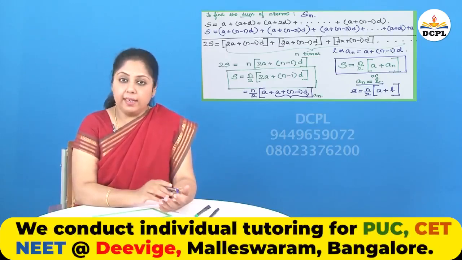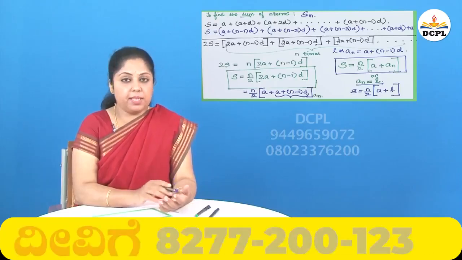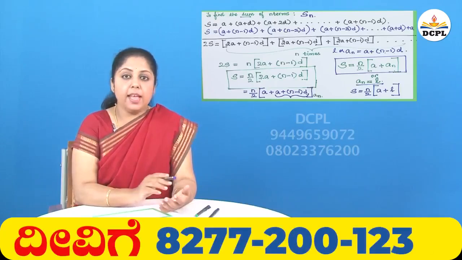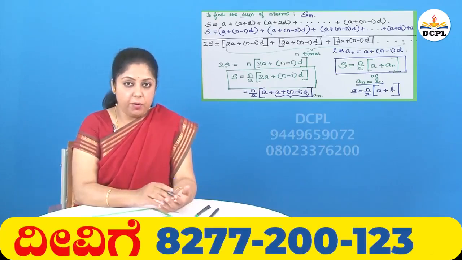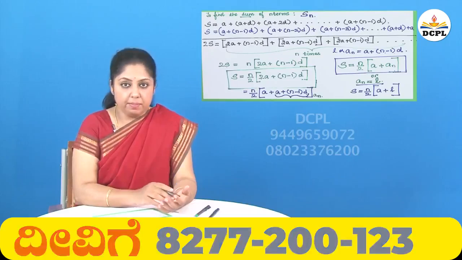But very clearly n, which tells you the number of terms present in an arithmetic progression, can never be a negative value. It always has to be a positive natural number, correct?